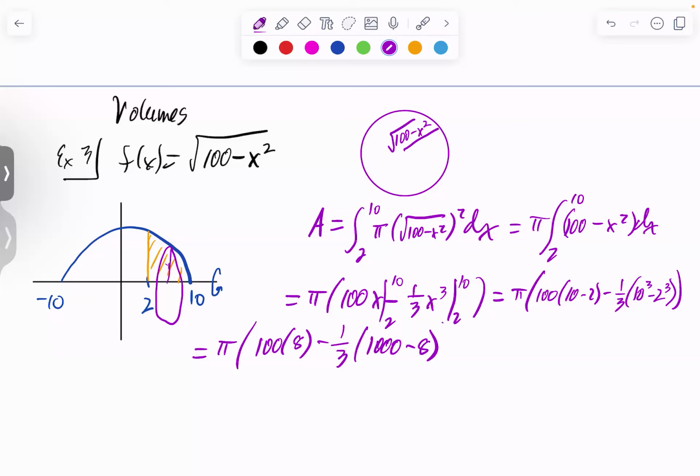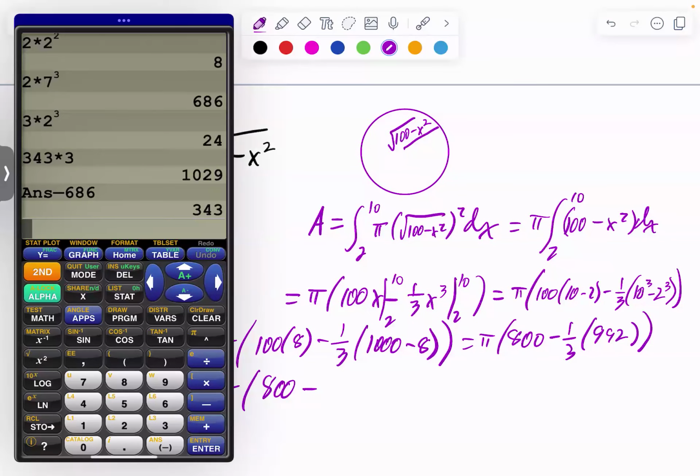So this is going to be 800 minus 1/3 times 1000 minus 8, which is going to be 992. 992 is not a multiple of 3.